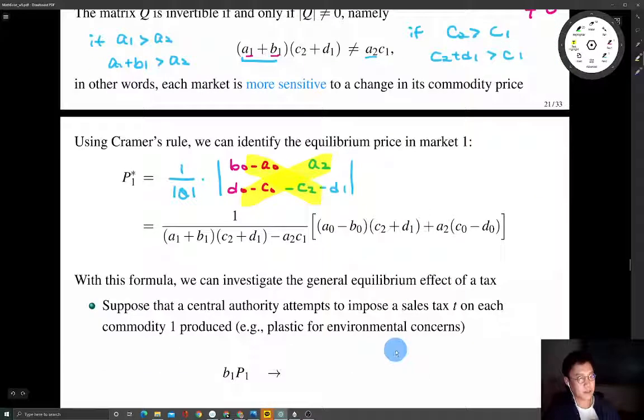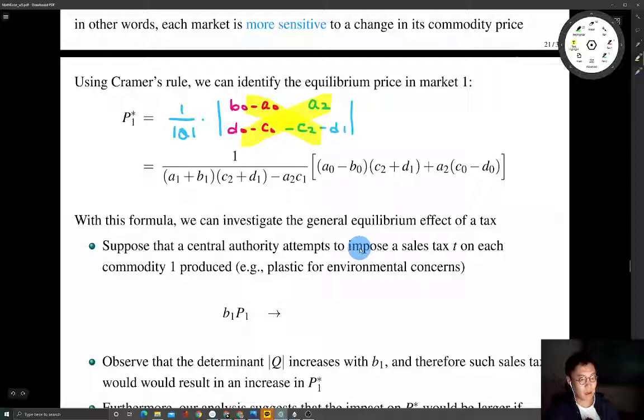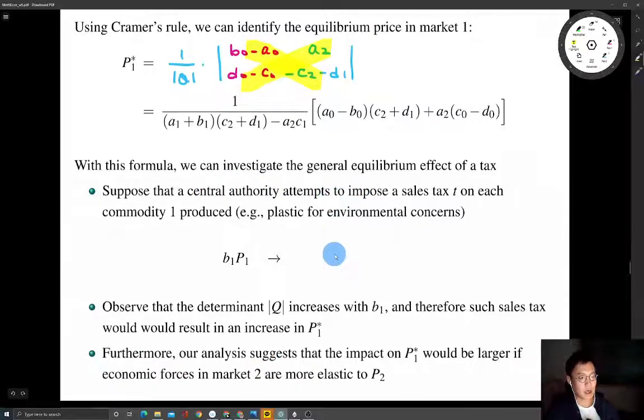All right, so that is the equilibrium price of good 1 in this linear model. It's slightly complicated, but I want to do some economic analysis using this formula. More specifically, I want to consider the following situation.